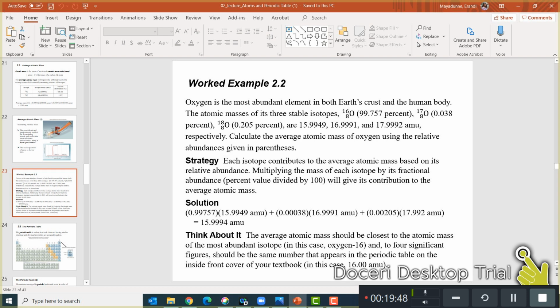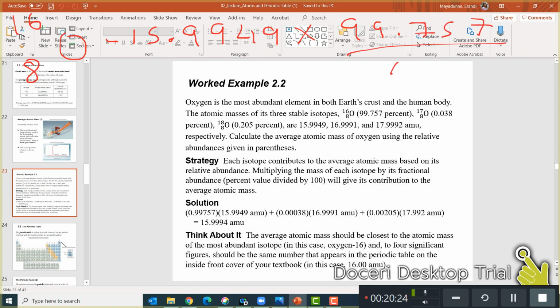So my first isotope, oxygen-16, the mass of it is 15.9949 times the percentage, 99.757 divided by 100.